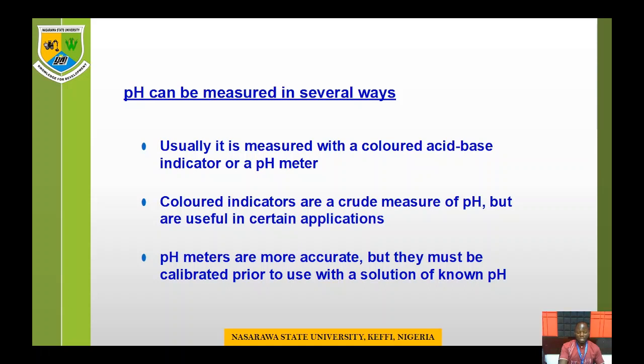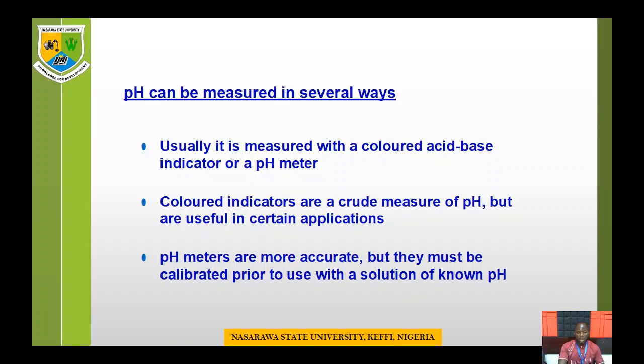Crude in the sense that they have a lot of limitations in terms of specificity. It will only give you a qualitative result by your ability to identify colors, but they will not give you numerical figures, which is more accurate, and that is what the pH meter does.